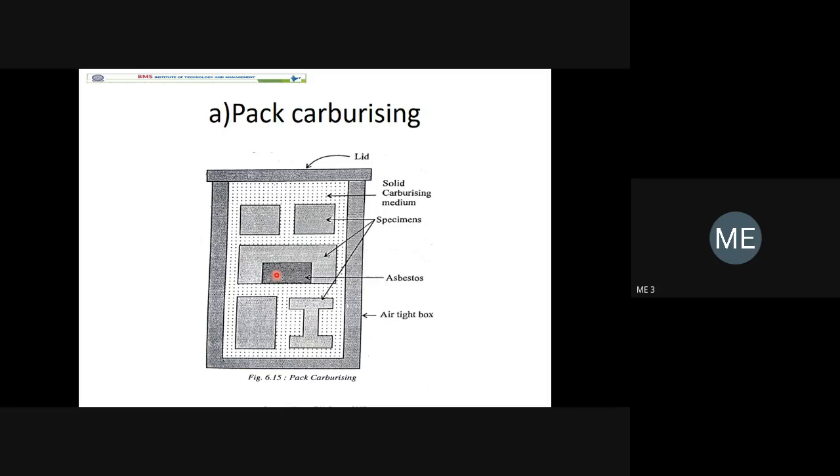Take a specimen, let it be a shaft. Only in the surface, the percentage of carbon is around 0.8%. But inside the core part, the percentage of carbon is around 0.4%. Initially, the whole specimen has 0.4% carbon.